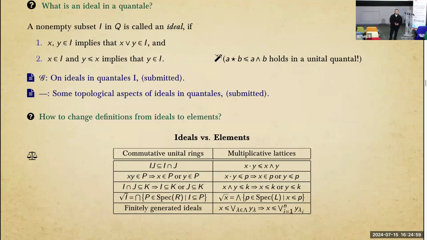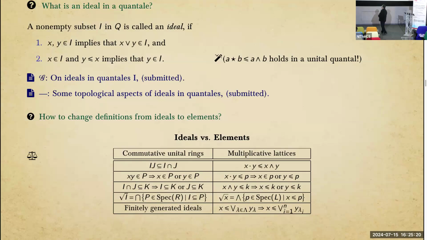Obviously, because we do not have multiplication, you drop the multiplication in favor of the meet, and then strongly reducible ideals, or elements, sorry, will coincide with the corresponding notion of prime element. So this is one of the very specific cases where we can see the purpose of the extra multiplication operation in multiplicative lattices.